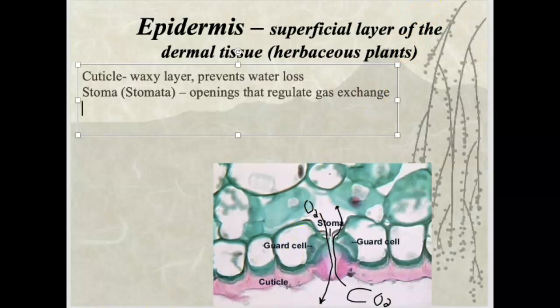So now when environmental conditions get bad, for most plants that is hot and dry, the stoma close. But in order to close, they use these things called guard cells.